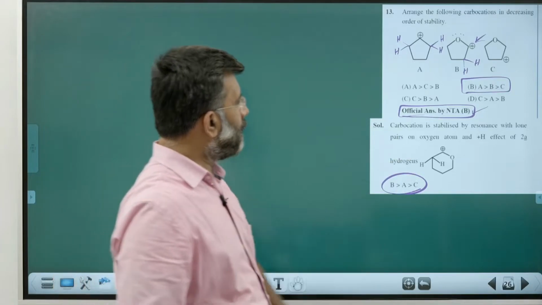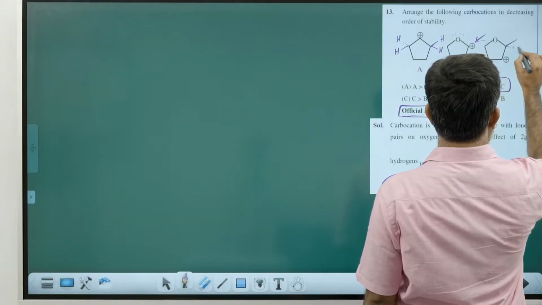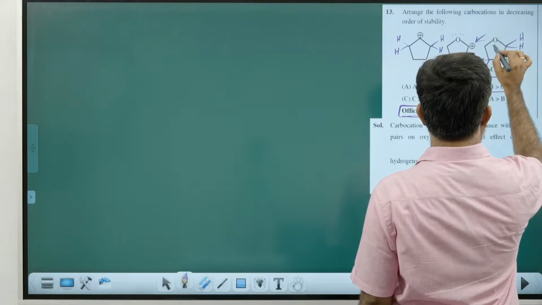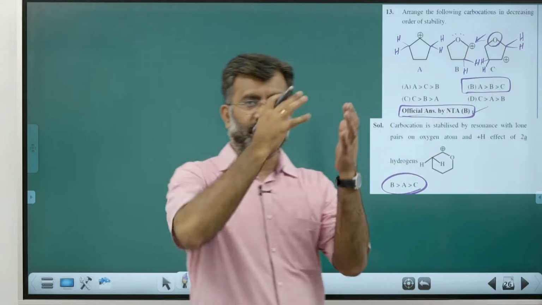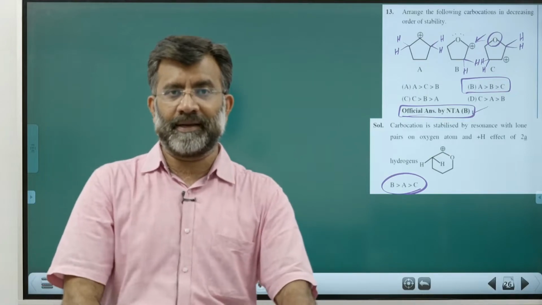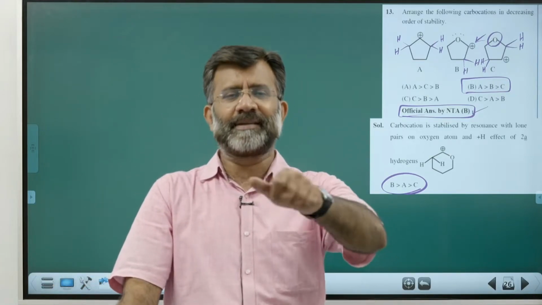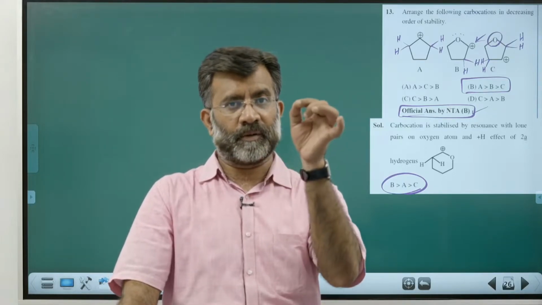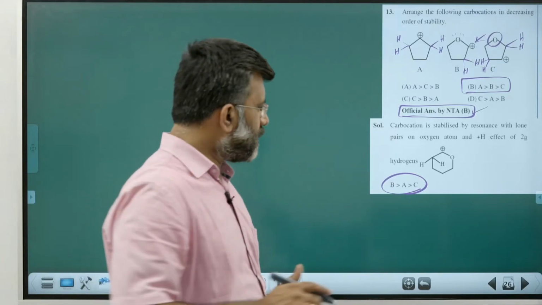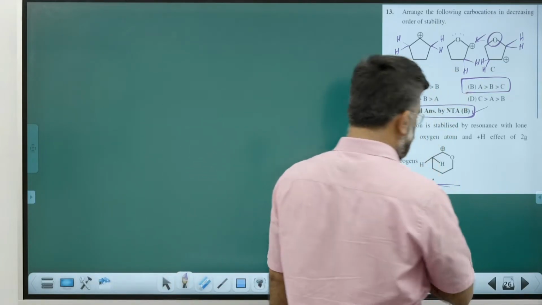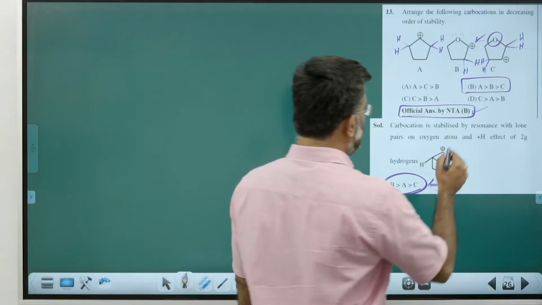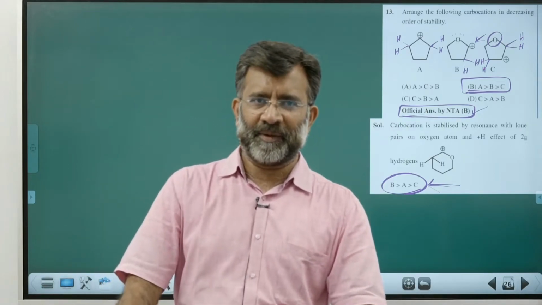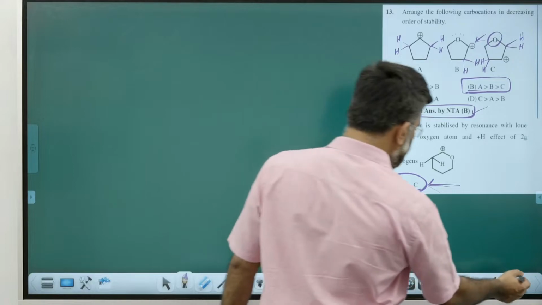Now, C is minimum, because this may be stabilized by the alpha hydrogen atoms here as well as here. At the same time, this oxygen is present, even though it is in the third position. It can provide a minus inductive effect. So due to the minus inductive effect, we can expect the stability of the carbocation to be slightly less. So this is a possible acceptable order, while the reported answer seems to be option B, and that is not that justifiable. Okay, next.